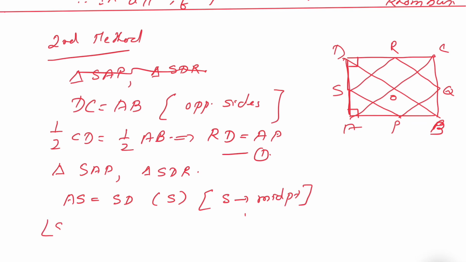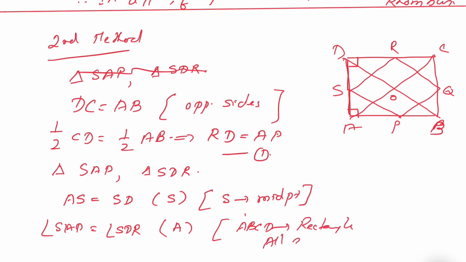Angle SAP is equal to angle SDR because ABCD is a rectangle, all angles are 90. And then you have AP equal to DR from 1. We have already proved that.